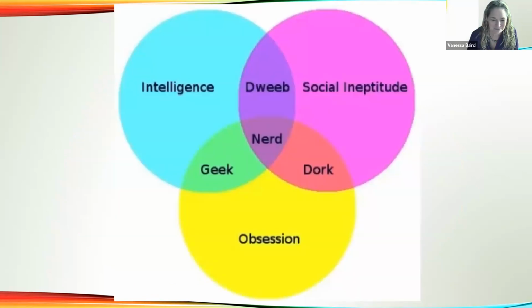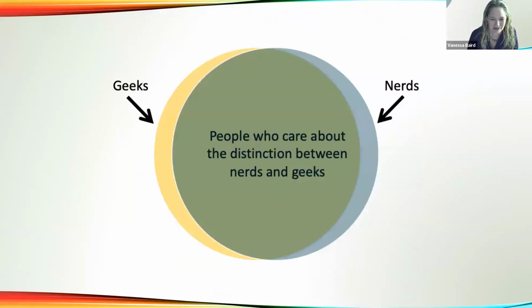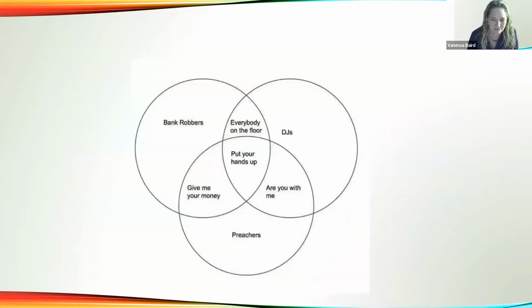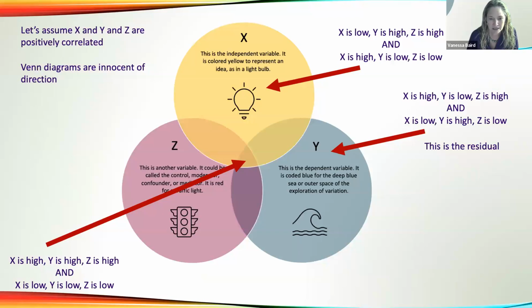I think they're so fun. So we've got some fun ones here. This one is amazing. You've got intelligence and social inaptitude. You've got dweeb. People who care about the distinction between geeks and nerds, you're both. Anyway, there's some fun ones. You can look at them later.